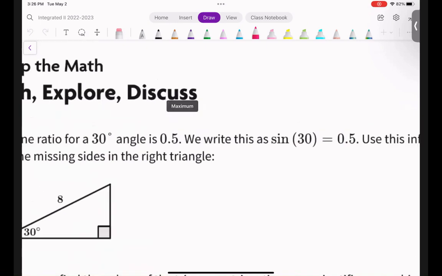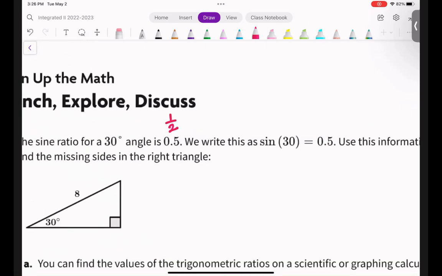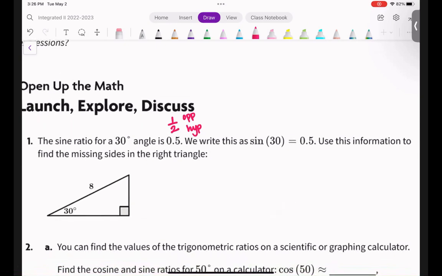So the very first thing I'm going to do is change this to 1/2, because then this is my opposite and this is my hypotenuse, and everybody has a place. We write this as sine 30, and the way we say it is sine of 30 equals 1/2. Use this information to find the missing sides of the right triangle.